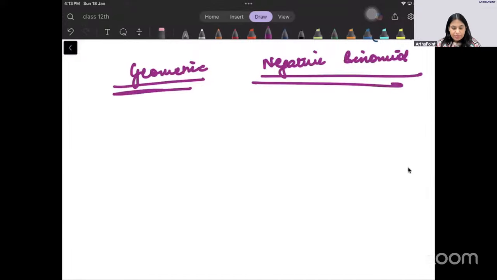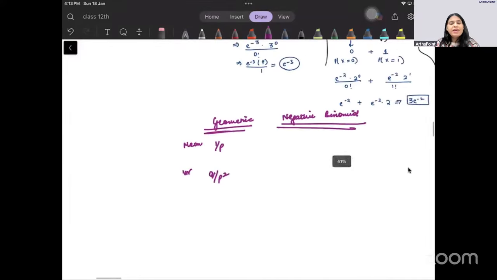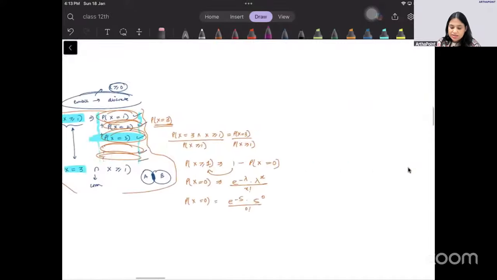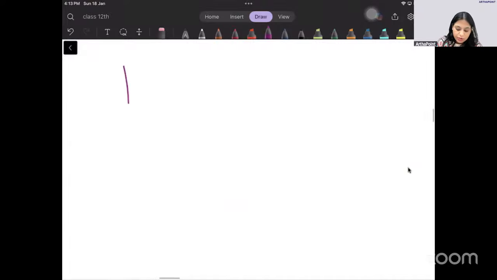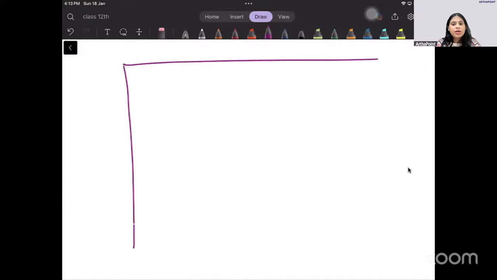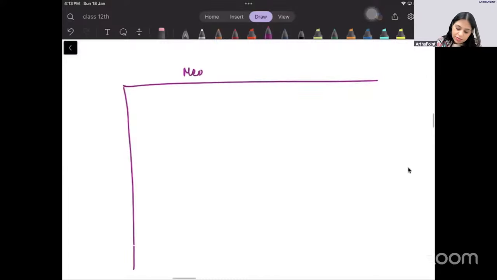See, in geometric the mean is 1 by p and the variance is q by p square. We'll make a table, that will make things easy. Before I explain this, make it once. Make this table with me. So mean and variance.